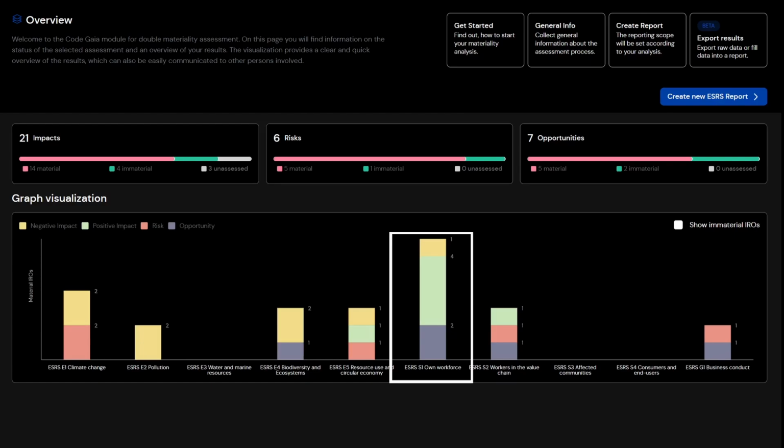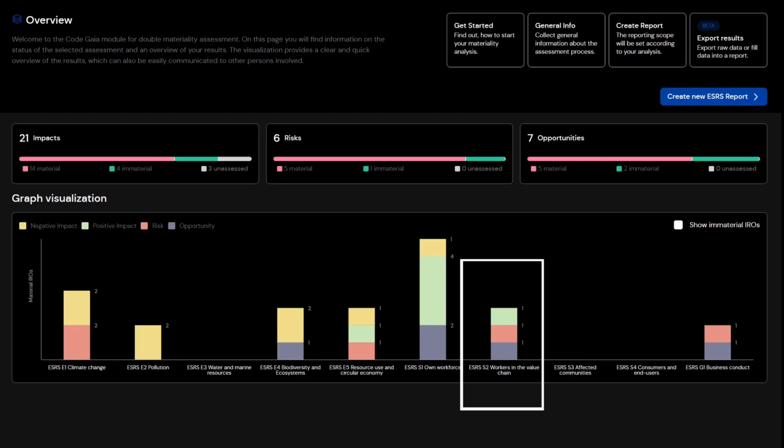Whereas when we look at the workers in the value chain topic, we're seeing that the bulk of the information reported is probably going to be financial, relating to these opportunities and risks, which outweigh the raw number of impacts 2 to 1.